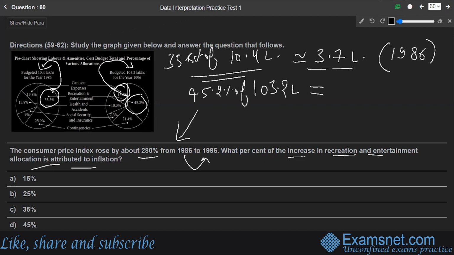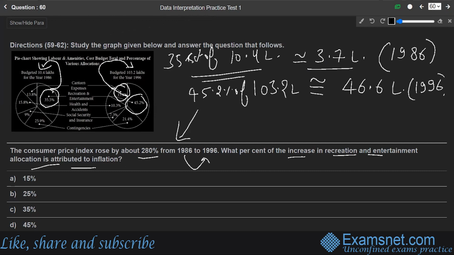We can obviously approximate this, which is somewhat close to, let's say, 46.6 lakhs. This is a mere approximation. So this is the value in 1996 without considering the consumer price index rise.